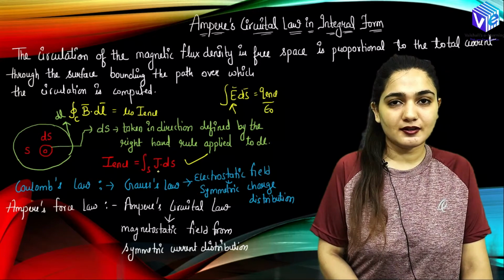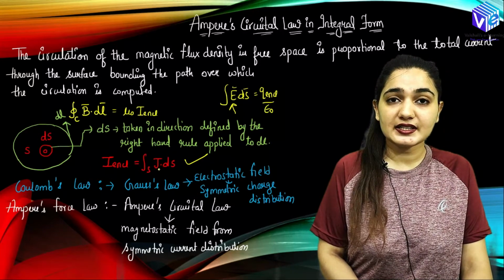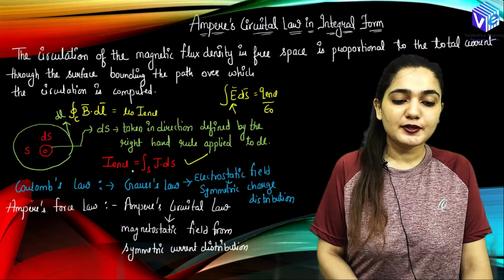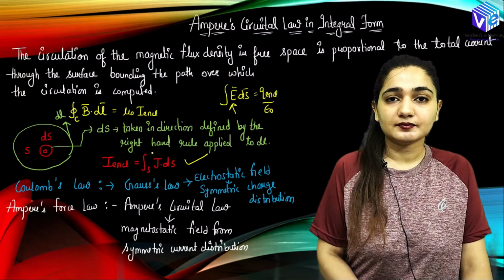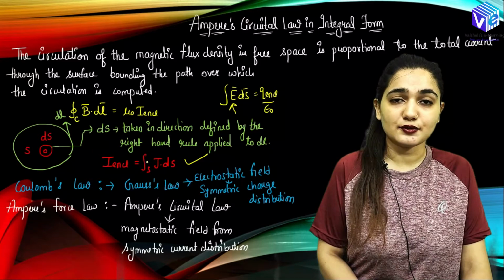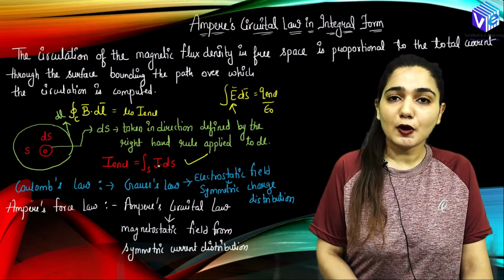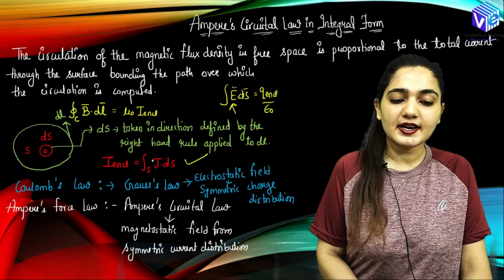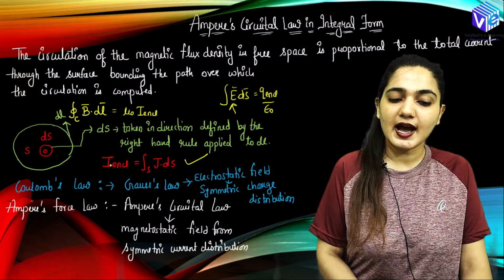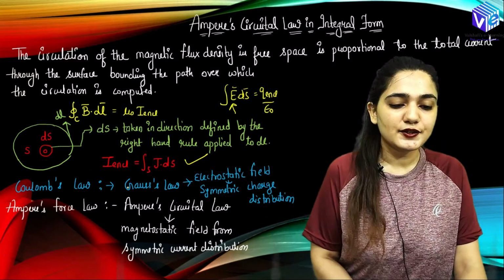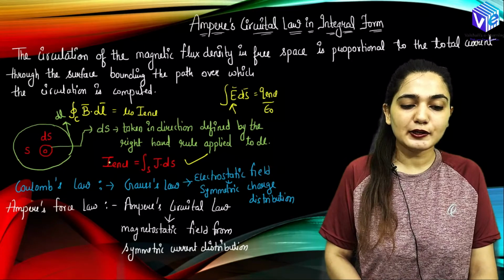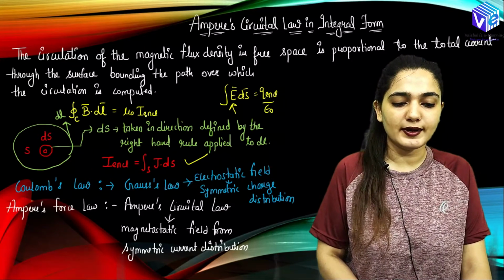The most commonly used was the volume current density, which was the current per unit area. So if I integrate the current density over the given area, I will get the current. So this is the equation of I enclosed, and I can put this equation over here.